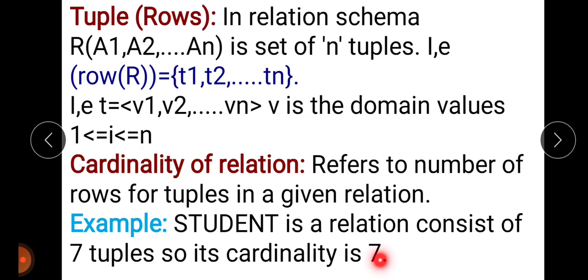If the table has 7 rows of data, the cardinality is 7. If it has 10 tuples, 10 rows, the cardinality will be 10.